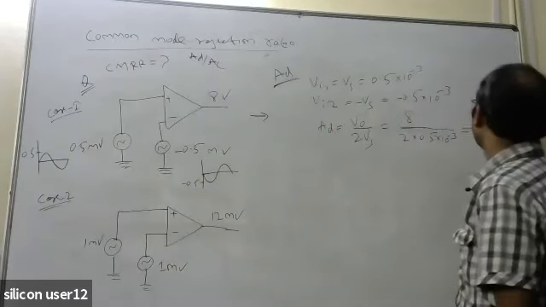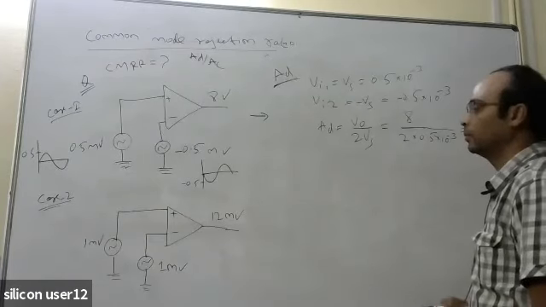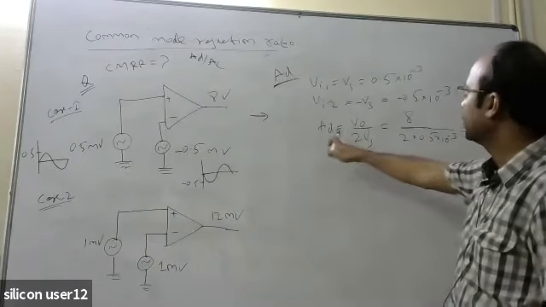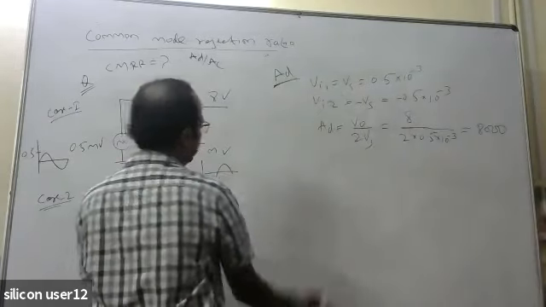So it is equal to, you can say, 8000. Otherwise, if you don't want to do it like this, you can also do it in a different way.